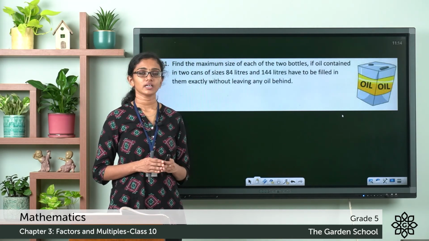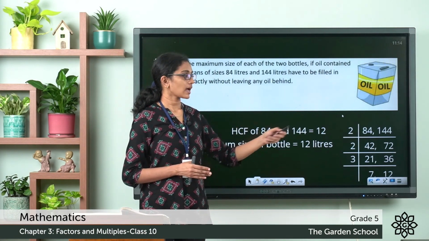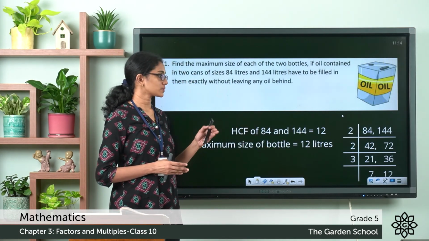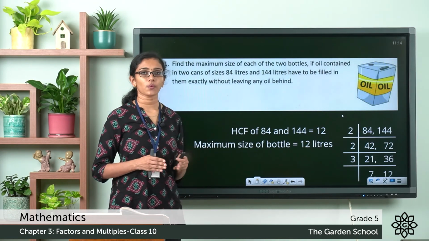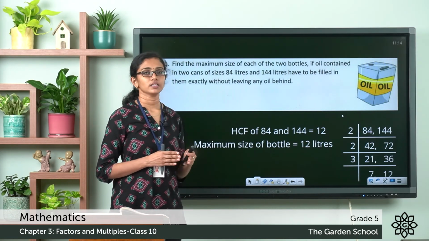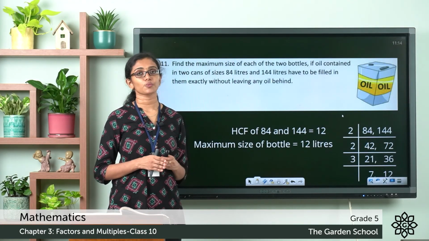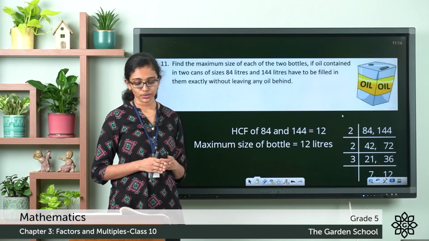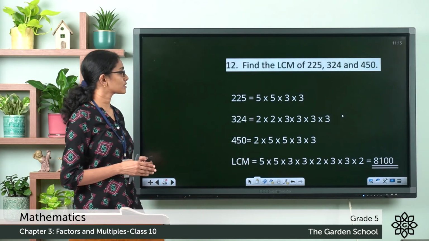So, here I have shown the short division method. So, 84 and 144 was prime factorized using short division method, and the HCF was found to be 12 or 12 liters. So, this is the maximum size of each of the 2 bottles. So, I hope this is clear to you. Now, let us move on to the next question. It is question number 12.